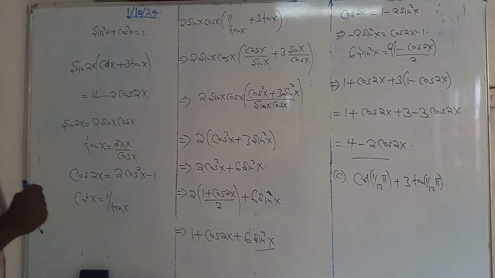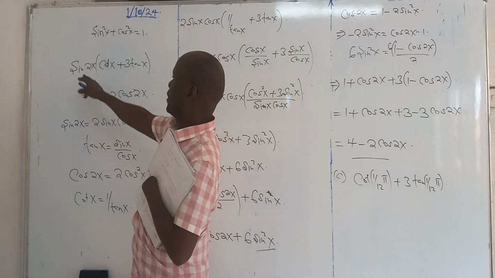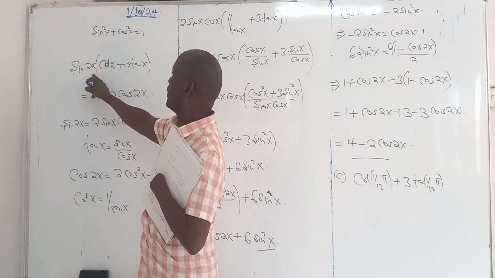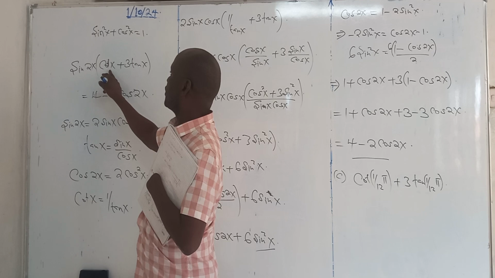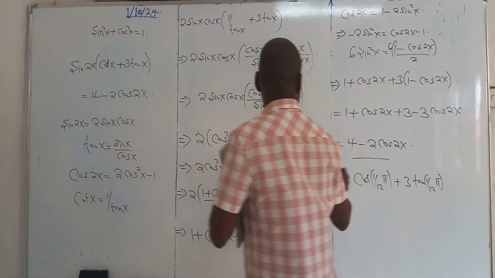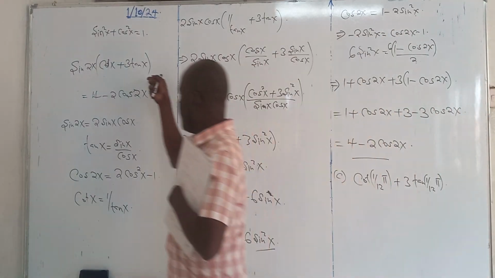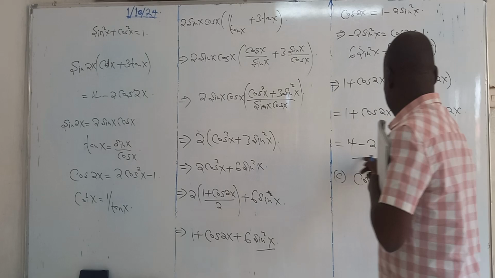Now, for us to get the exact value of this, we realize that sin of 2x into cot x plus 3 tan x, we simplified to be this. We have shown that this is this.